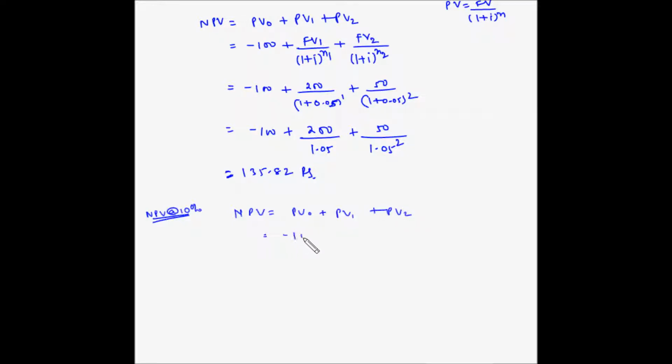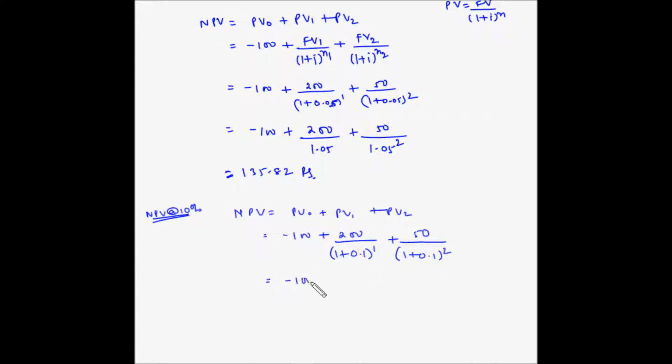So this is minus 100 plus 200 divided by 1 plus, now here instead of 5%, the discount rate is 10%, so 1 plus 0.1 to the power 1 plus 50 divided by 1 plus 0.1 square.